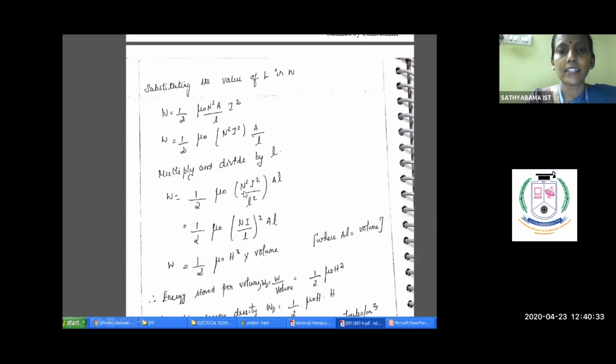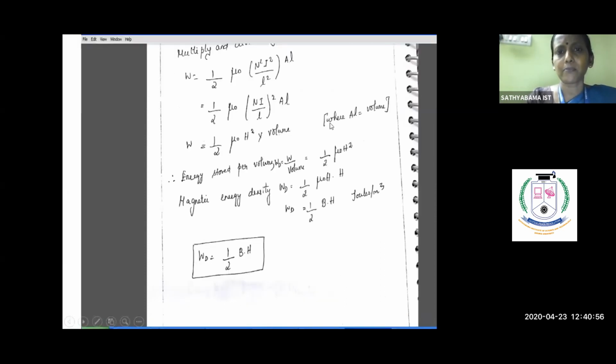So this N square I square by l square can also be written as H. N I by l is nothing but your magnetic field intensity H. Now substitute, and A into l becomes volume. So volume, take it to the left hand side, it becomes energy per volume, which is equal to half mu naught H square. So the energy density formula becomes 1 by 2 mu naught H square.